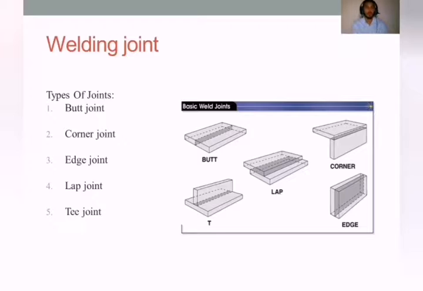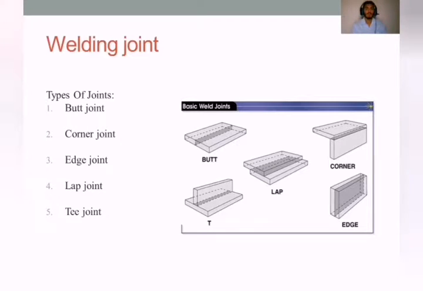Hello everyone, I'm Saud Hashim, and today I'm going to talk about welding joints, fillet welds, and quality of welding. To begin with, welding joint. A welding joint is a point or edge where two or more pieces of metal or plastic are joined together. They are formed by welding two or more workpieces, metal or plastic, according to a particular geometry.